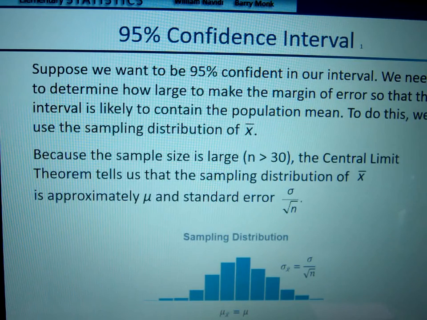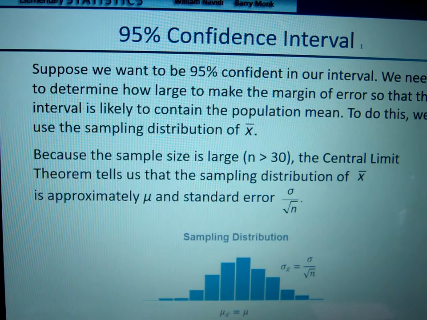Our mean value is still going to be the same as the mean here. So this is our starting point, and then we're going to add a margin of error to it.